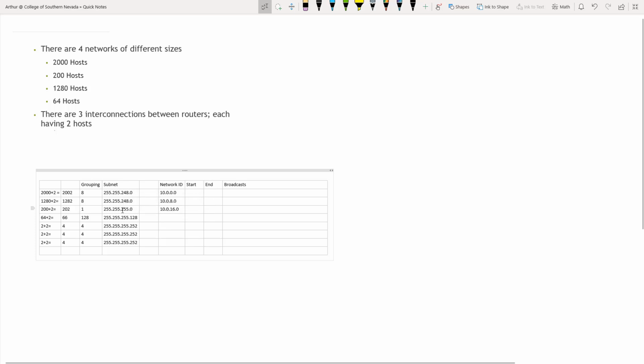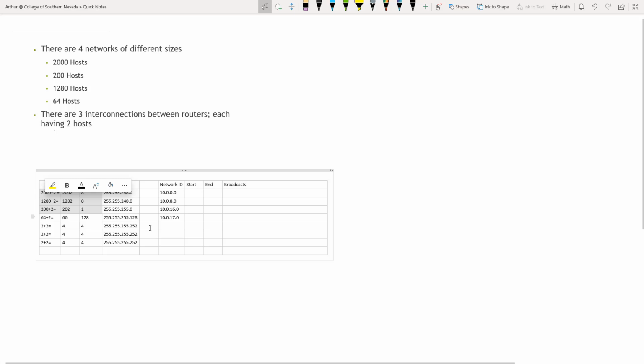Here, realistically, we don't want to work in octets that have zeros, so we're working in the third octet still. 10, we are adding 1 to 16, so 16 plus 1 in the third octet is 17.0. We did that because 16, we're adding our grouping, plus 1 is 17. So we have our first 3 networks done.